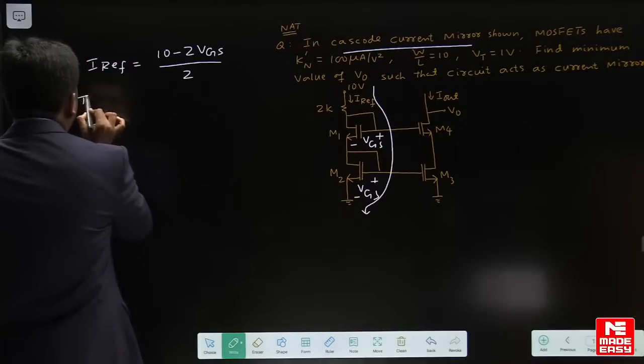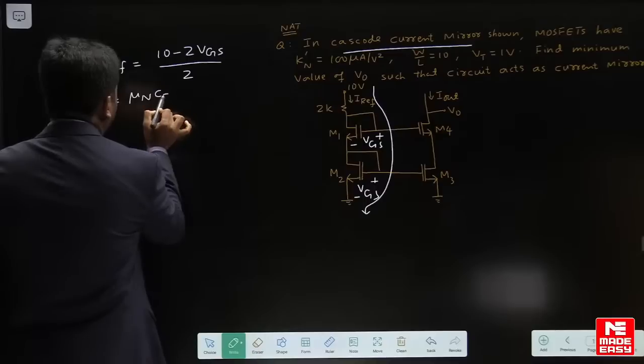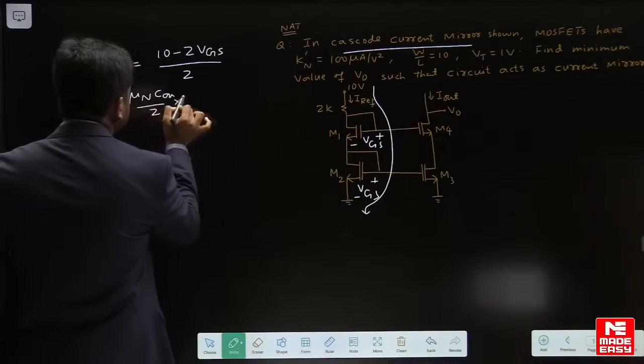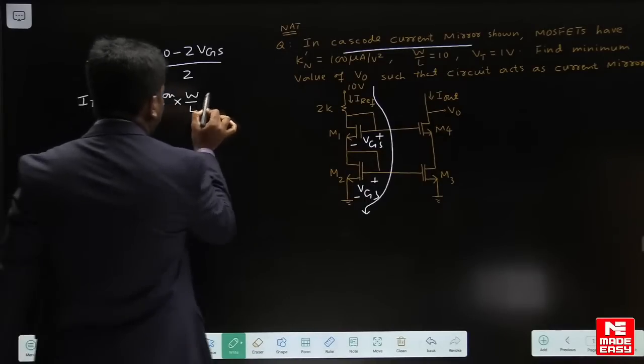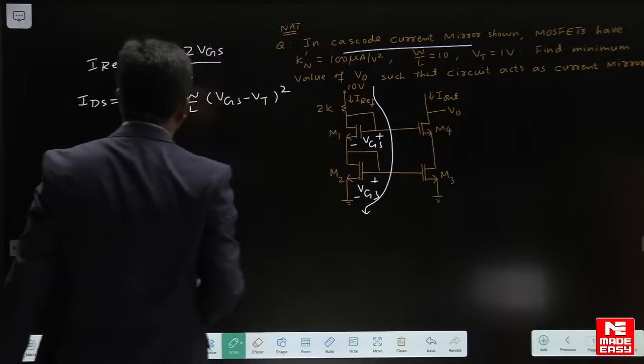Then use the current equation for saturation, mu n CoX by 2 into W by L into VGS minus VT whole square.